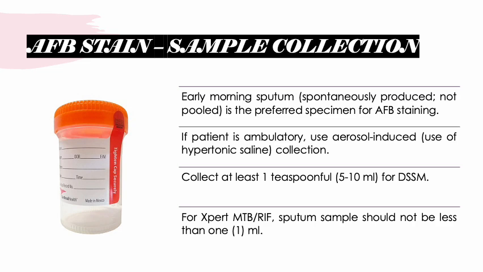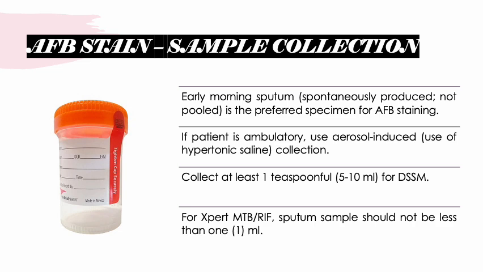Early morning sputum is usually submitted, not spontaneously produced, not pooled, and it is the preferred specimen for AFB staining. If the patient is ambulatory, use aerosol induction, using a hypertonic solution or hypertonic saline for collection.